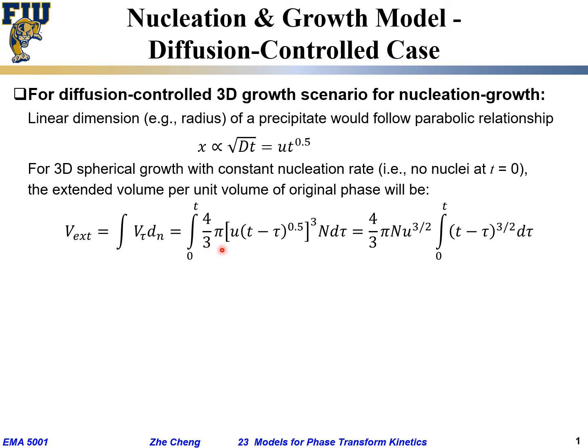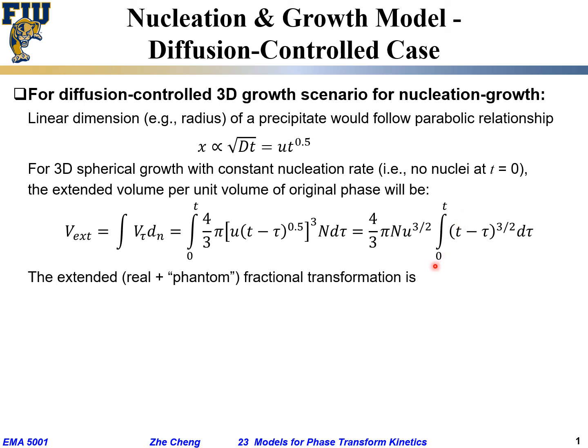Let's put the constants in front of the integration sign: 4/3, pi, N, which is a constant, and u, which with the 0.5 taken three times together gives 1.5, so we have u to the power of 3/2, also in front. Within the integration is just (t minus tau) to the power of 3/2, integrated with respect to tau, from 0, the very beginning, to t, the time that we are interested in.